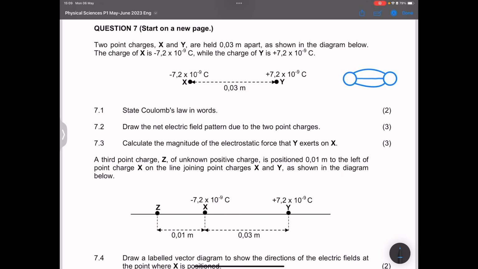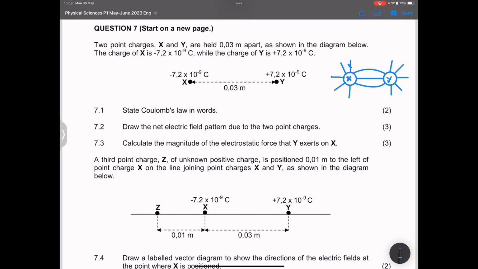We know there should be a force of attraction between them. Please make it a point that when you draw these, you indicate the line density, which must show which charge is bigger than which. But I can see that both of them have equal charges, so the number of lines should basically be the same. So what I'm going to show there is X is negative, so this would be X and this would be Y.